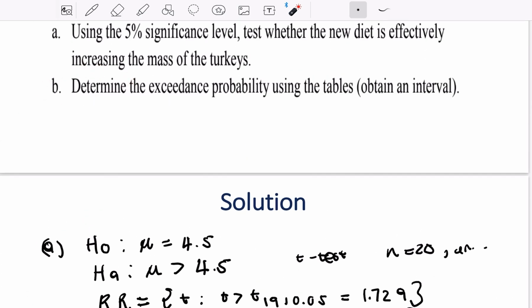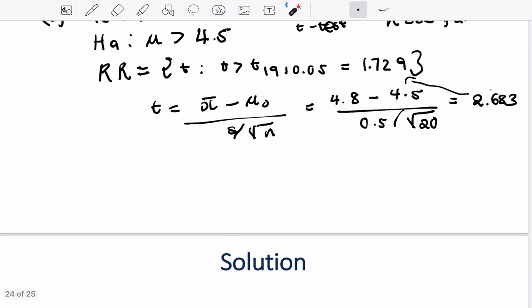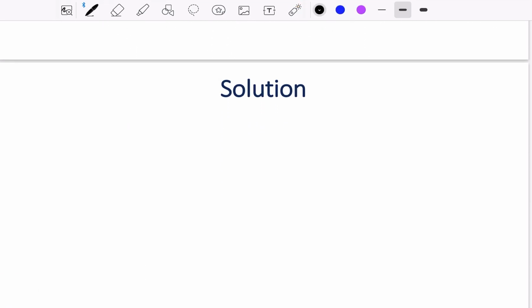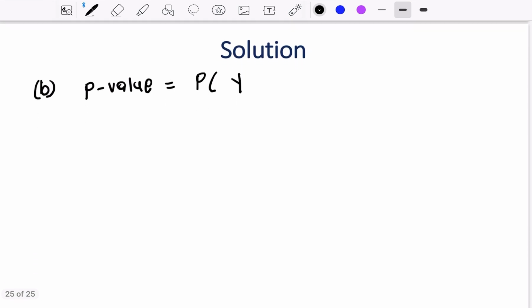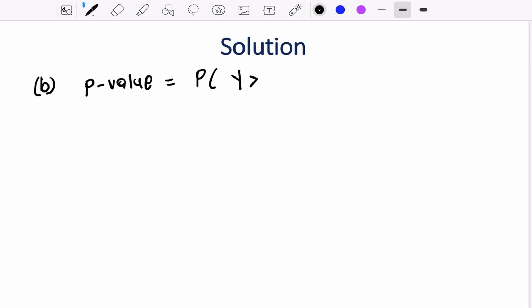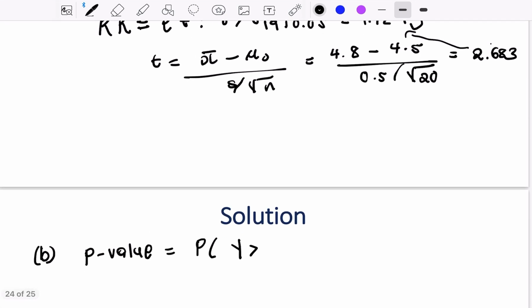But now let's use the p-value approach, which is our main thing. So now part b, remember the p-value, right? Because it's a right-tail test, that will be the probability that the statistic is more extreme than the test statistic, which is 2.683.